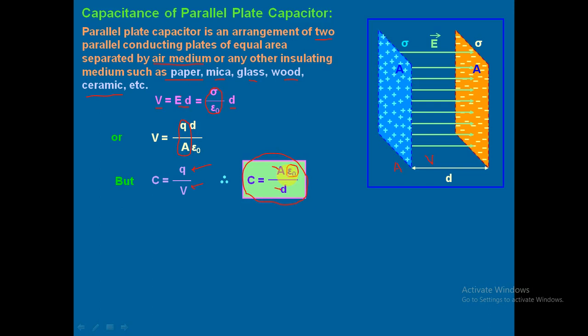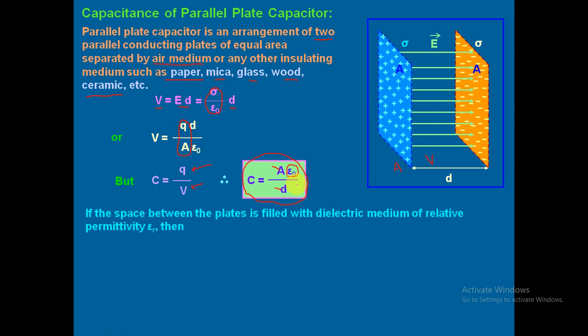For any combination of the two plates placed at a certain distance, the capacitance will remain constant whatever the amount of charge given to the plates. So it depends upon the dimensions of the two plates and the medium between them.